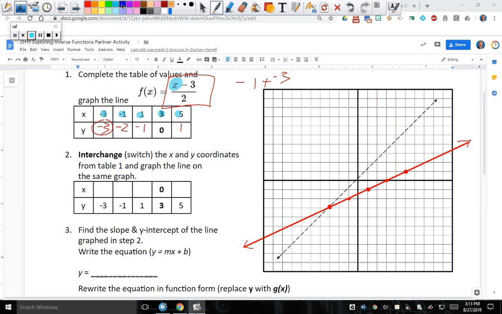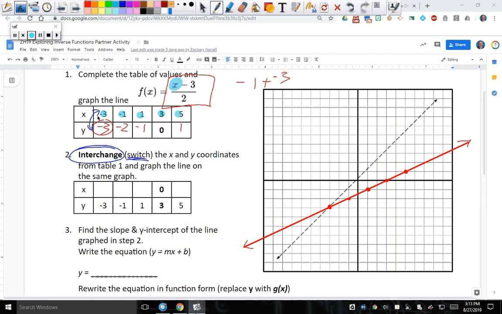And now in blue, or a different color, I see some of you use different colors. That's good, especially for this unit. We're going to interchange or switch the x and y's, and you're going to see why here in just a bit. I want you to imagine flip-flopping this x and y.